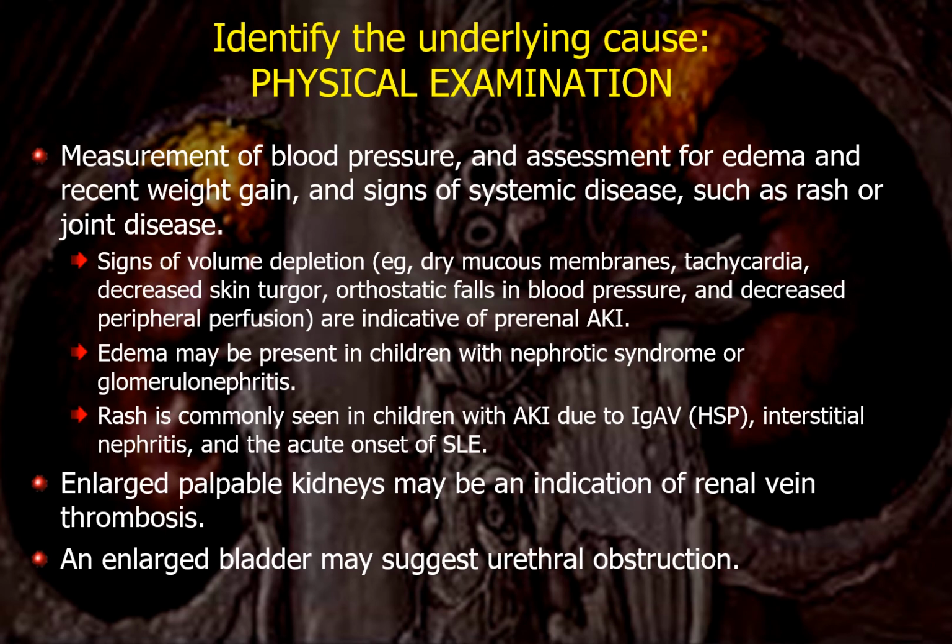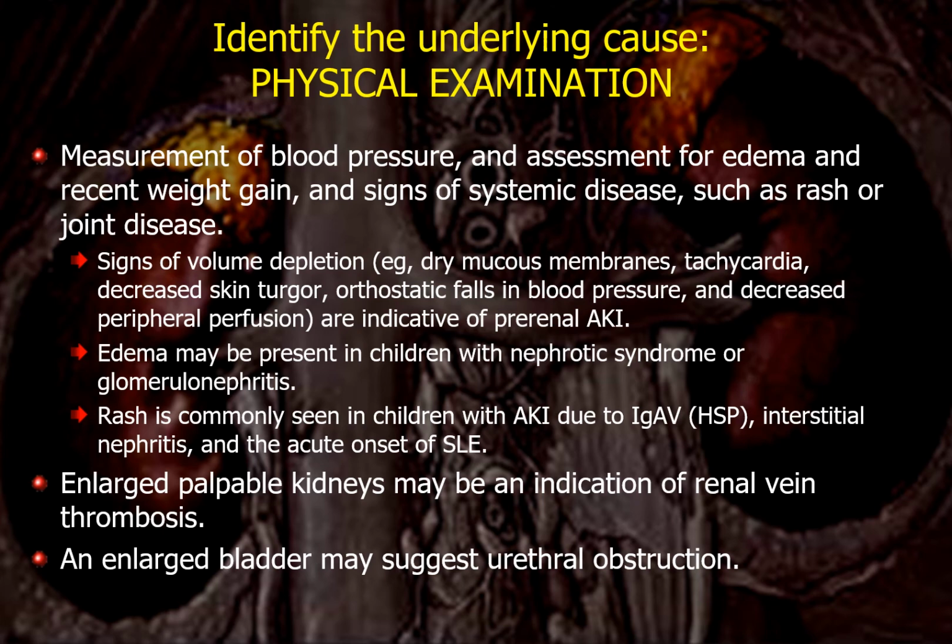For physical examination, it is very important to measure the blood pressure. Assess the patient for edema, recent weight gain, and signs of systemic disease such as rash or joint disease. Signs of volume depletion must be elicited, such as dry mucous membrane, tachycardia, decreased skin turgor, orthostatic falls in blood pressure, and decreased peripheral perfusion, which are indicative of prerenal AKI.